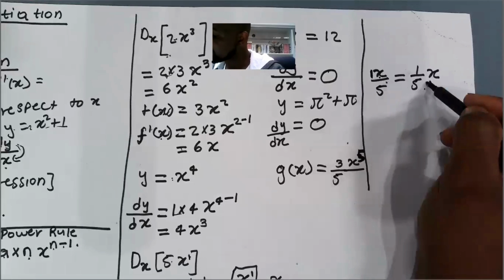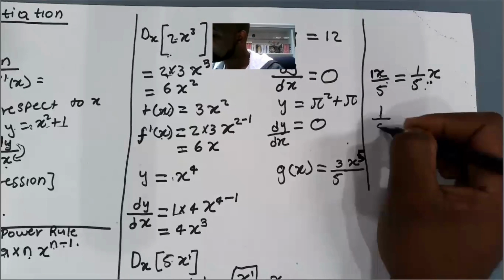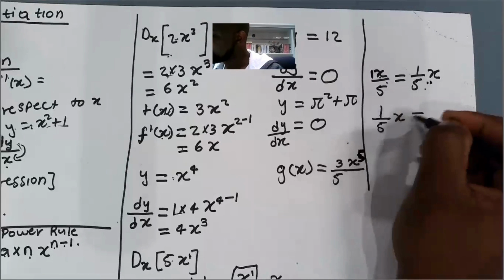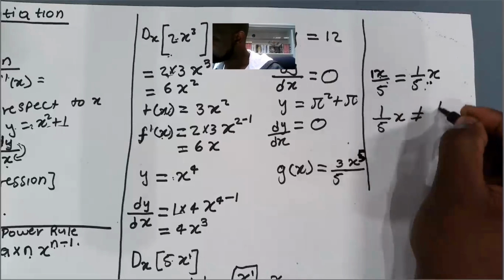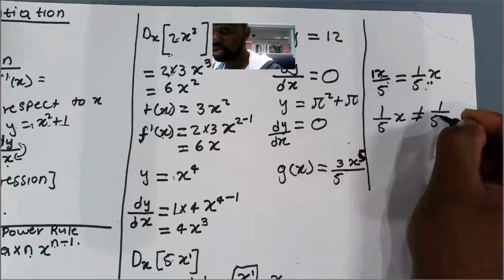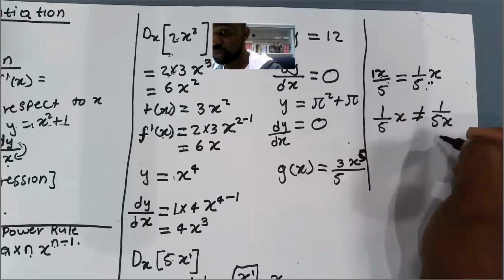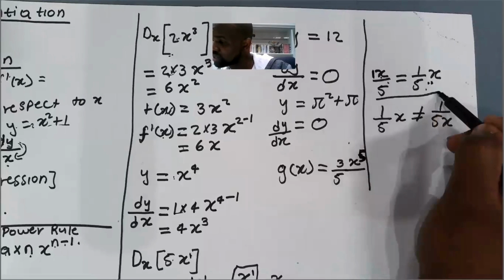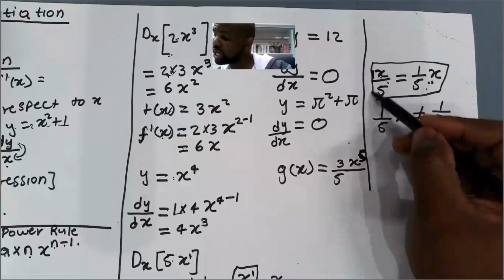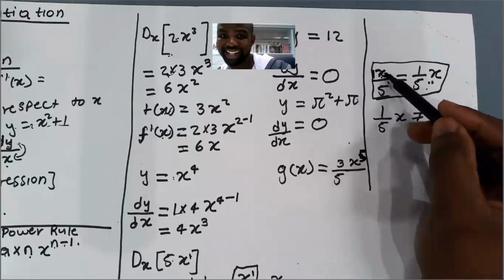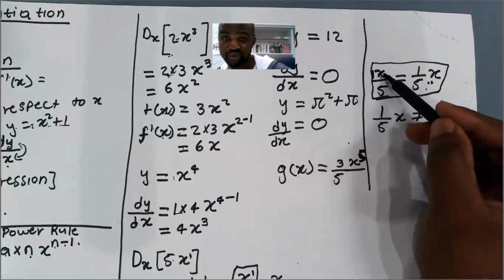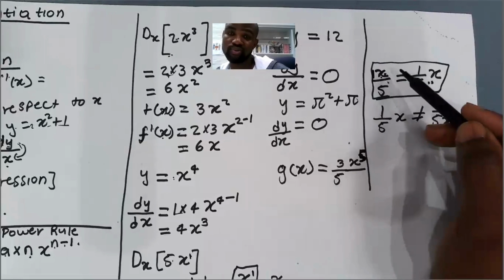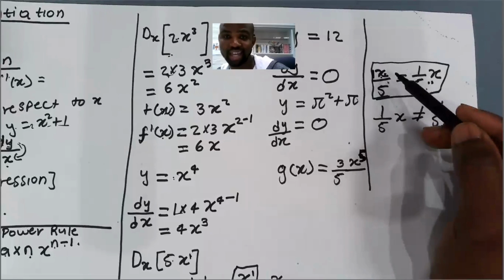But this is not the same as this. I hope you see that. It's not the same. But these two things are the same. They will confuse you, writing the x up there in the numerator. Don't get confused. Guys, these things are the same.